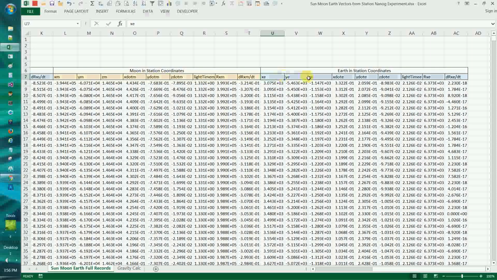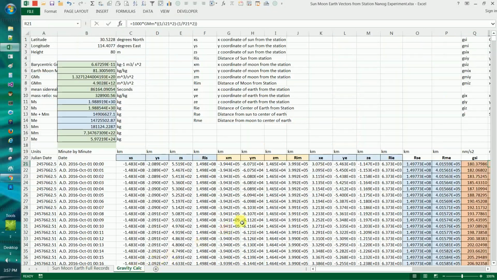And then these are the coordinates for the center of the Earth from the station, the rate of change of the location, the rate of change of the distance from the station to the center of the Earth, the light time, the distance from the station to the center of the Earth, and the rate of change of the distance.